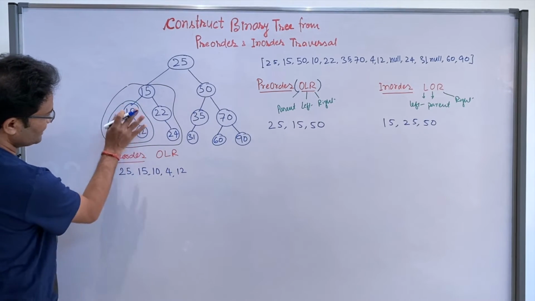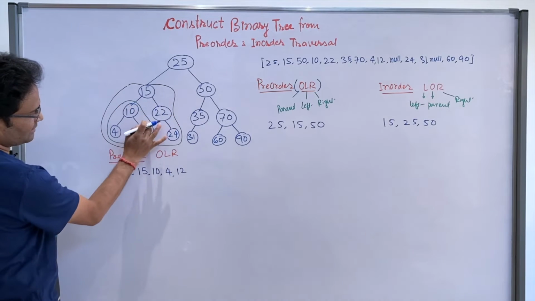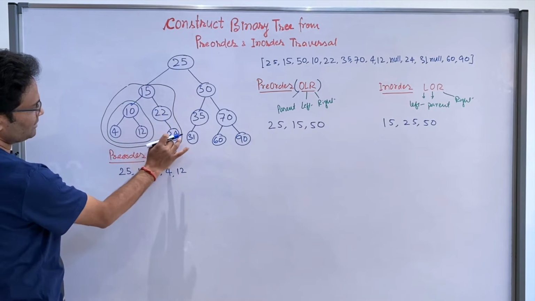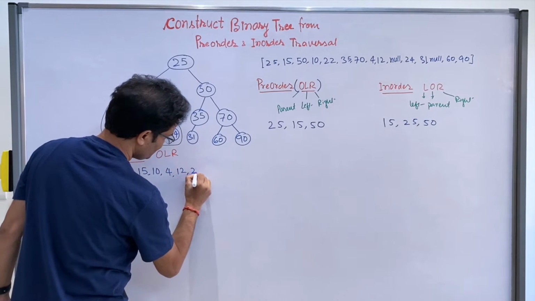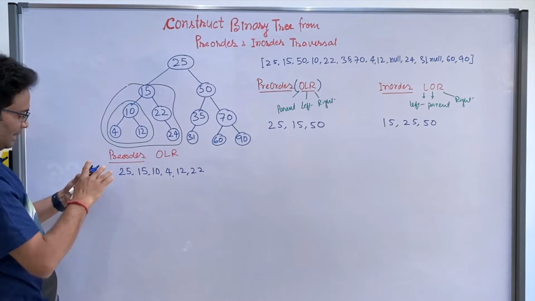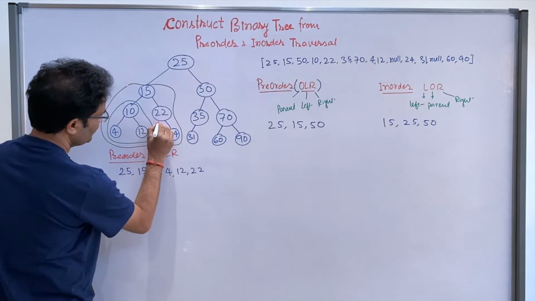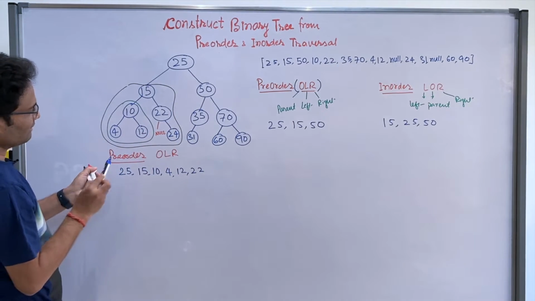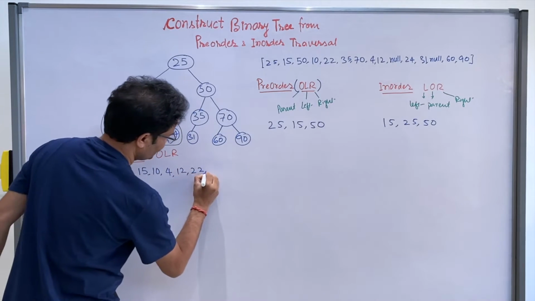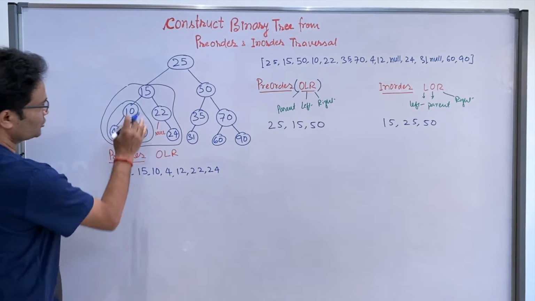Once you complete this part, now this is the subtree, and for this subtree, what is the parent? Parent is 22. In this case, we don't have the left, so we will not write the left, we can directly write the right. So this part is done.